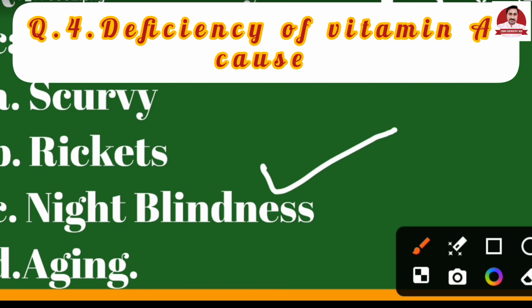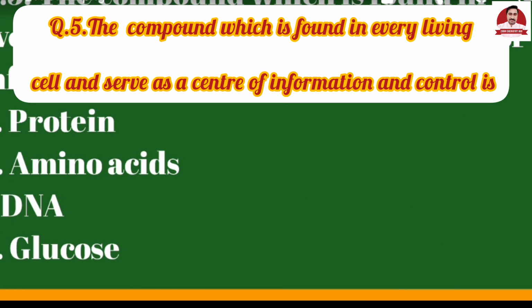Next question number 5. The compound which is found in every living cell and serves as a center of information and control is option A protein, option B amino acids, option C DNA, and option D glucose.